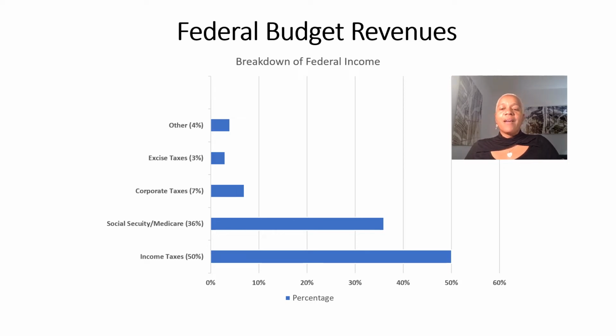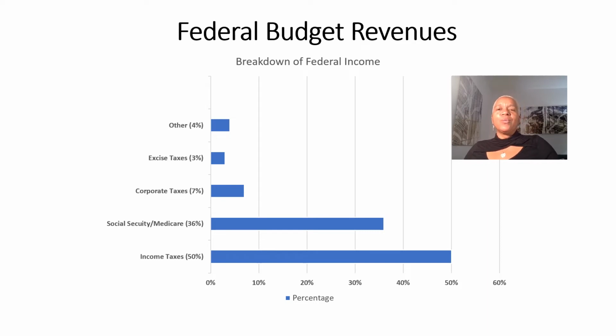So if you are in the workforce and you see they take out Social Security, Medicaid out of your paycheck in addition to the individual income tax, well, both of those categories together are about 86%. So the majority of the way the government makes money is through your income tax.